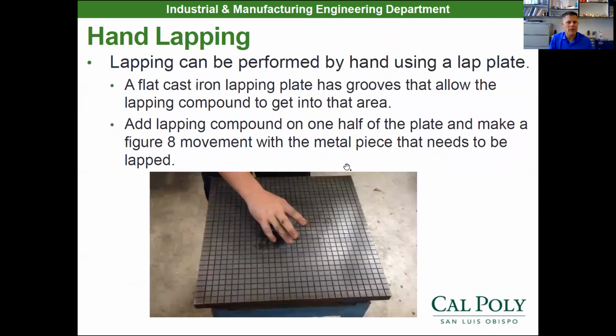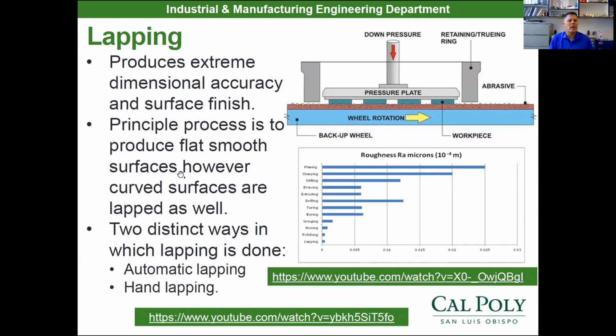Let's talk about this a little bit more. The lapping machine will produce extreme dimensional accuracy here. So we can get down to a very smooth surface finish. If you look, lapping gets the smoothest surface finish and the tightest tolerance out of any of the processes. What's really happening here is we have an abrasive that's charged on a felt wheel.